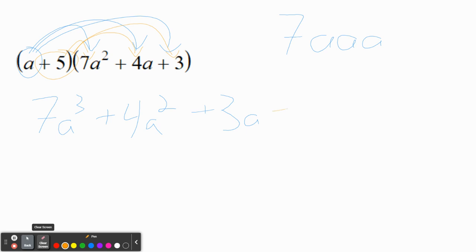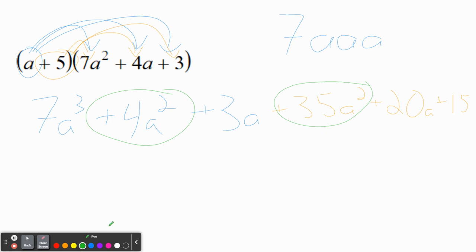5 times 7 is 35, a to the second power. 5 times 4 is 20, we just got one a there. And then 5 times 3 is 15. I'm looking for like terms at this point. I see 4a squared and 35a squared.